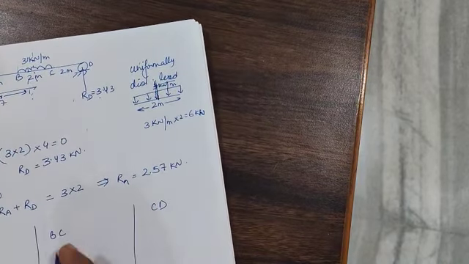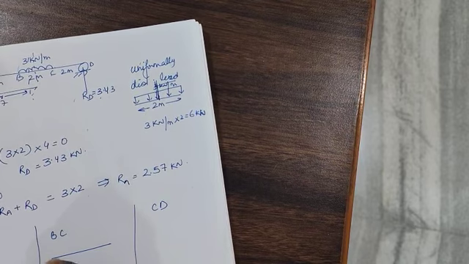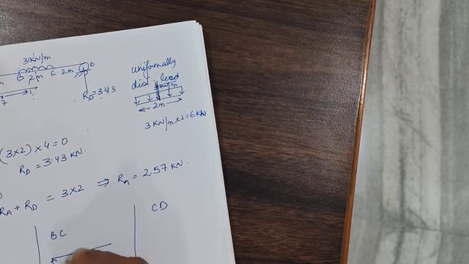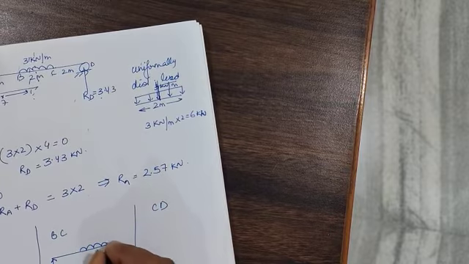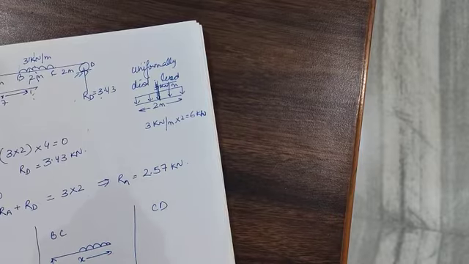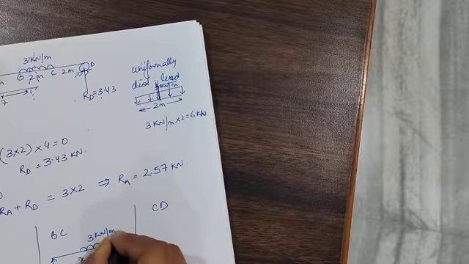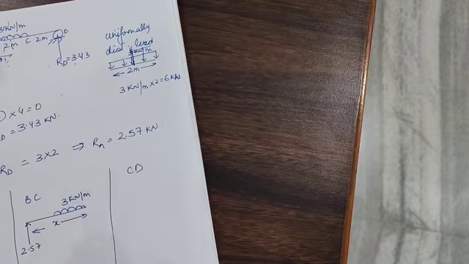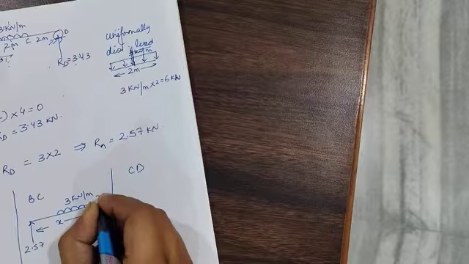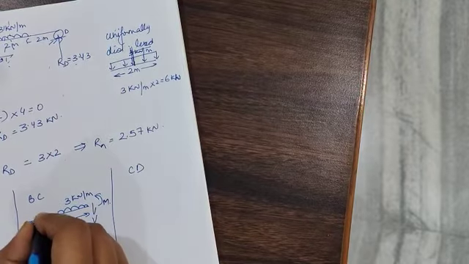So my section will become 2.57. This is the load. This is x distance. The load has been 3 kilonewton per meter, but it has not come on the complete span. So this is positive shear force. This is positive bending moment. This is 3 meters.